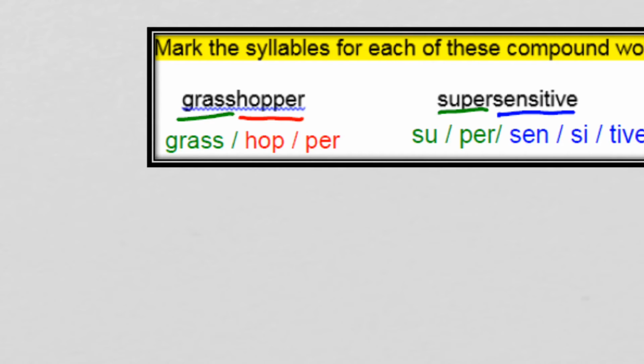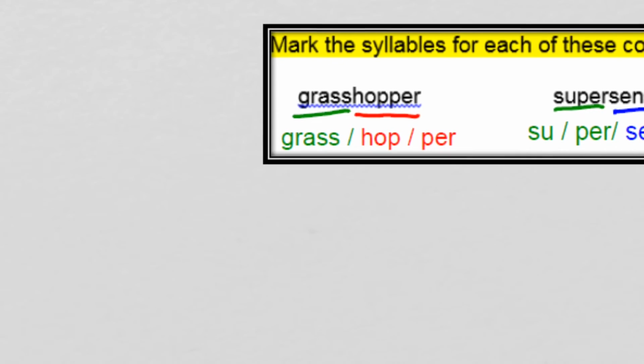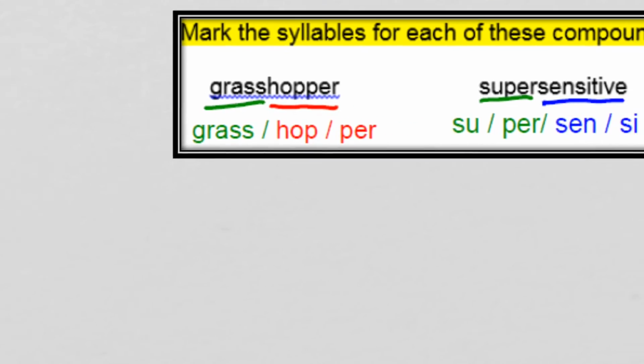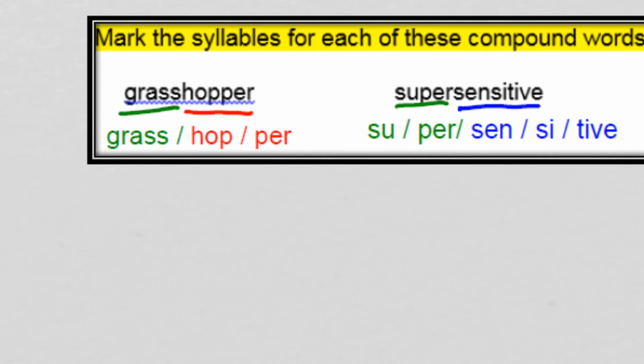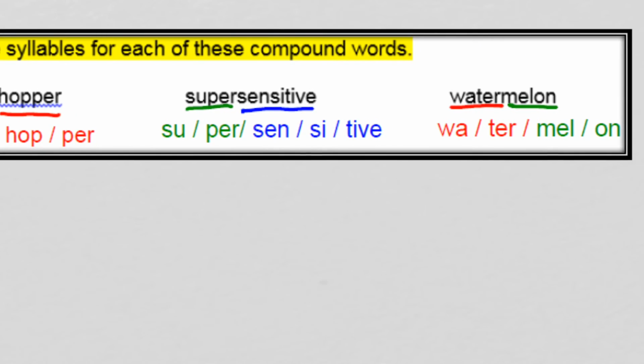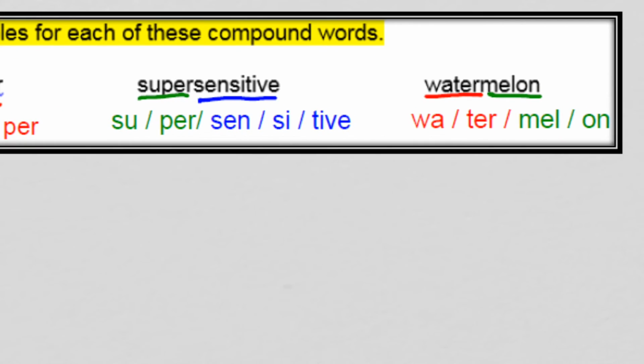If we look at just grass by itself, grass is one syllable. Now let's look at hopper. Well, it's got double letters that we're going to separate. Hop-per. Put it all together, we get 3 syllables, grass-hop-per. And just remember again, grasshopper is one word. It's just a special kind of word called a compound word.